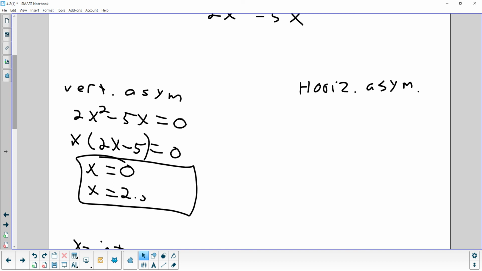Positive 2.5. 2 times 2.5 is 5. 5 minus 5 is 0. Okay, I'm going to graph them later. There's my vertical asymptotes.